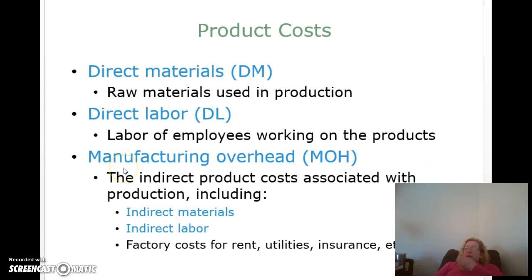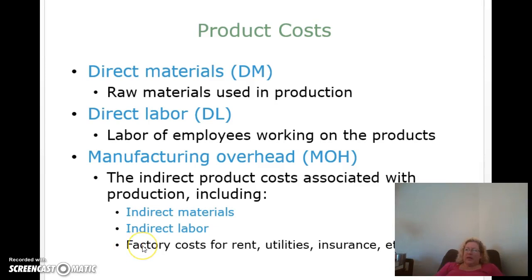What typically hangs people up is the manufacturing overhead, the indirect product cost associated with production. This includes indirect material, indirect labor, and then factory costs for rent, utilities, insurance, depreciation, anything having to do with the factory. That is the key.